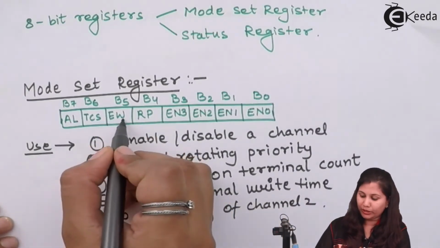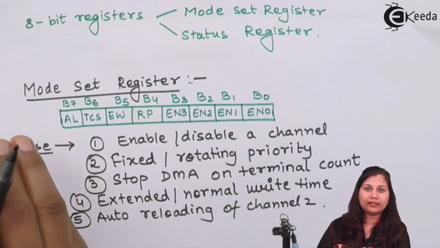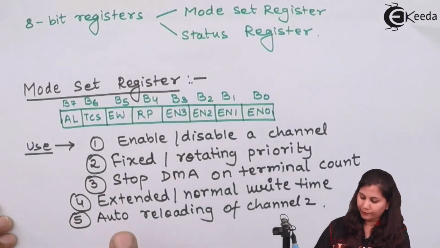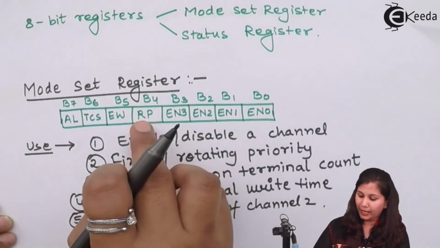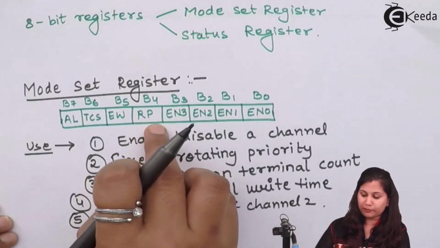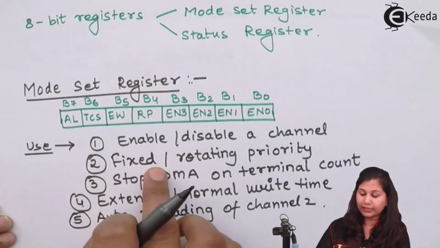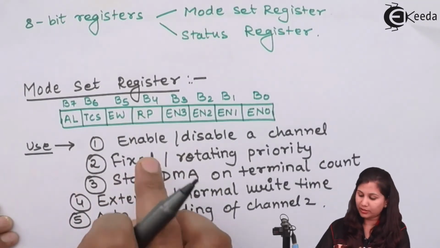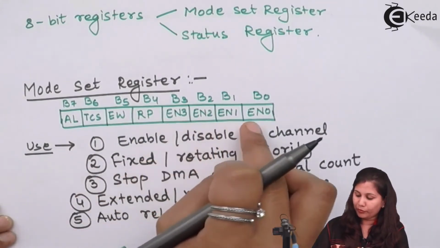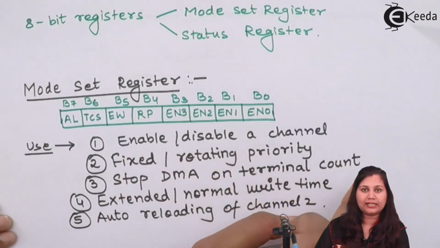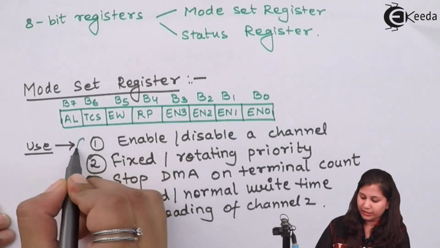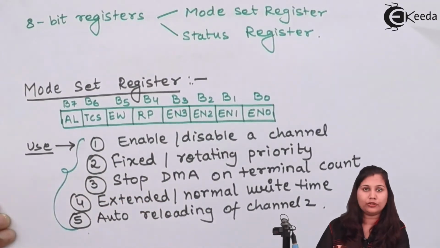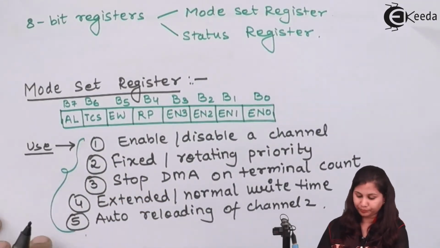And EW is for extending the write signal operations, so we have the extended and normal write time use. Then RP is for the rotating and fixed priority, so it describes another use of the mode set register. And these 4 bits are for enabling and disabling the channels. So this mode set register has 5 uses in it.